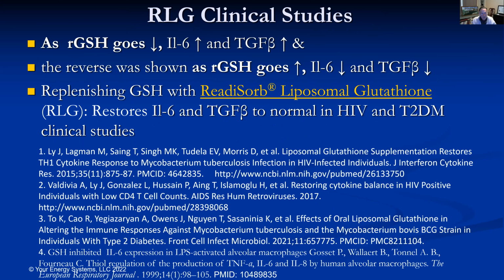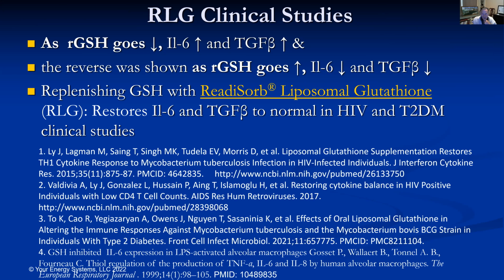So in summary, it's been shown that as the active form of glutathione goes down, IL-6 becomes elevated, and this creates a vicious cycle where glutathione is not formed normally. And replenishing glutathione will actually, in the studies that I just mentioned, restore IL-6 and TGF-beta to normal levels in these individuals with HIV and also in type 2 diabetes.